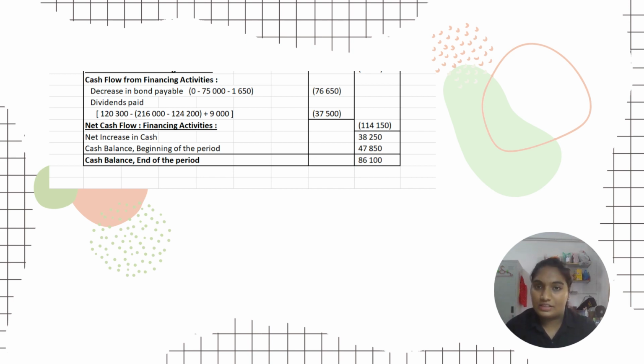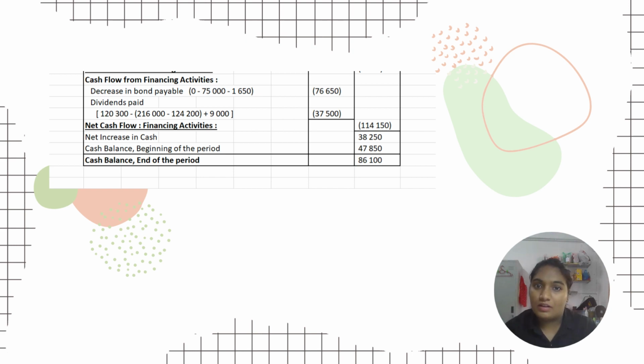So we can see the calculation there. 120,300 will be minus with, in bracket, the two values, 216,000 minus 124,200, which is the changes in retained earning, and will plus with the 9,000, which is the changes in dividends payable from the statement of financial position. So when we calculate this, the answer will be 37,500 in bracket because dividend paid is a cash outflow.